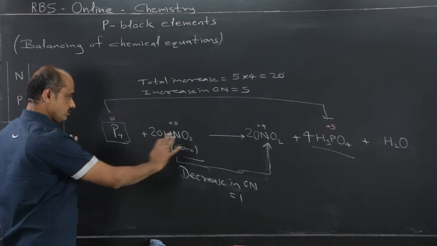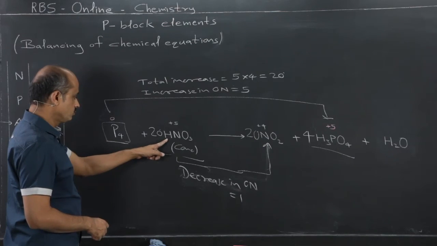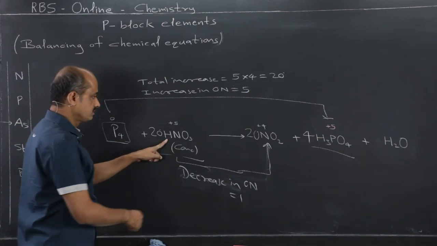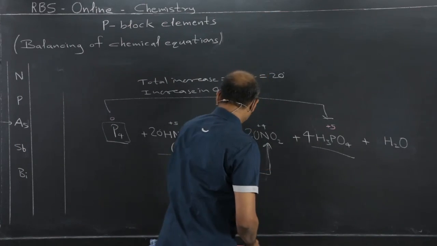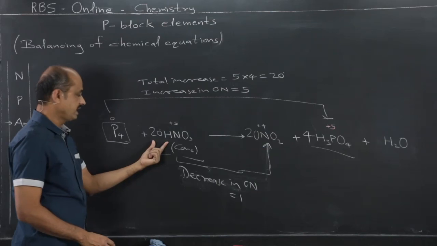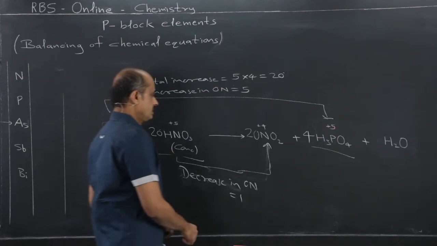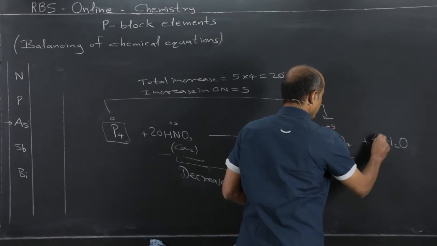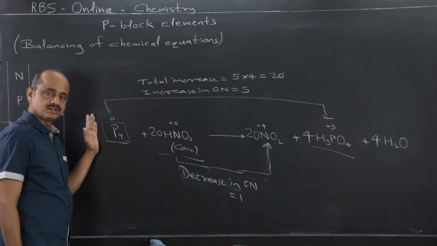So this is how broad balancing has taken place. And then we have to balance remaining oxygen and hydrogen. 4 molecules of phosphoric acid means 12. Here actually hydrogen are present 20, means 8 are remaining, and therefore 4H2O. This is how we can balance this reaction.